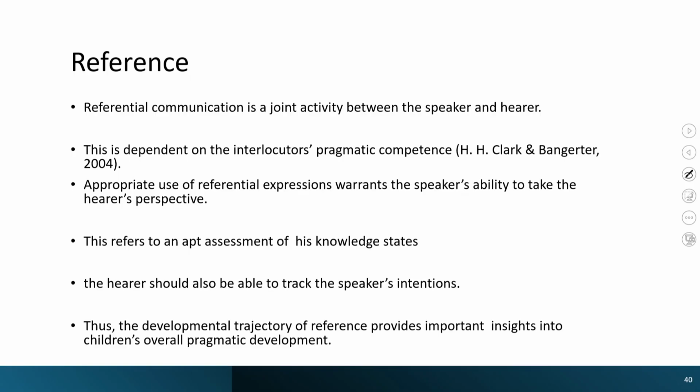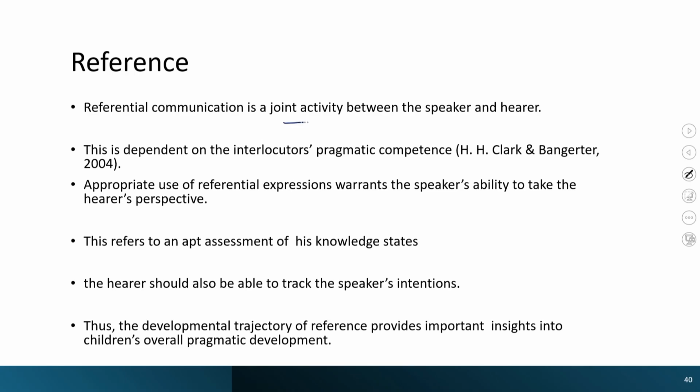Another important domain of the initial verbal communication strategies by children is the domain of reference. Reference, as in what a particular thing refers to. What is the relationship between what you say and what is there, what does it refer to in the real world? Referential communication is again a joint activity between the speaker and the hearer.